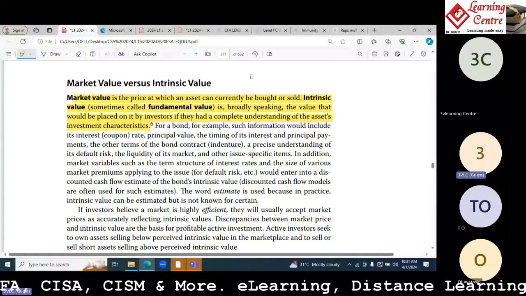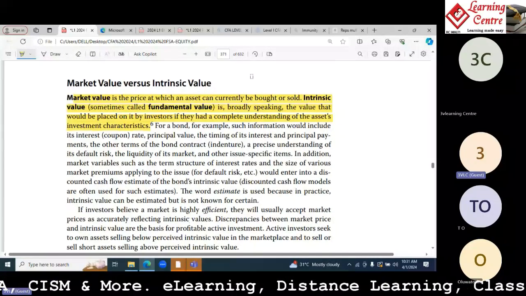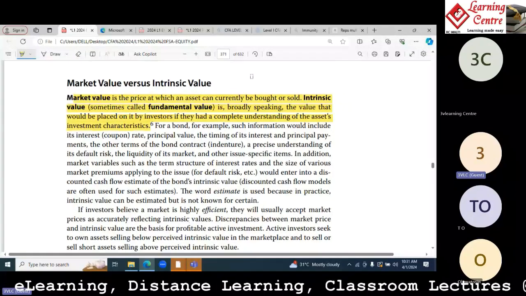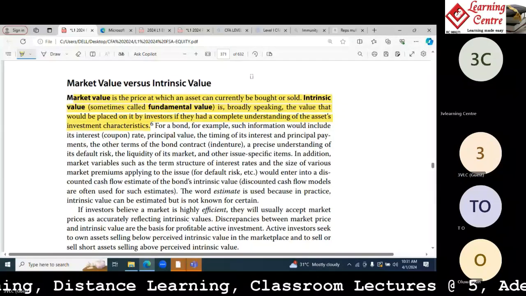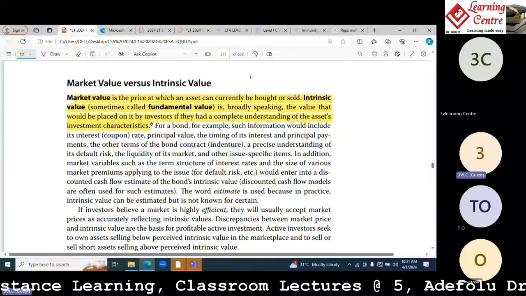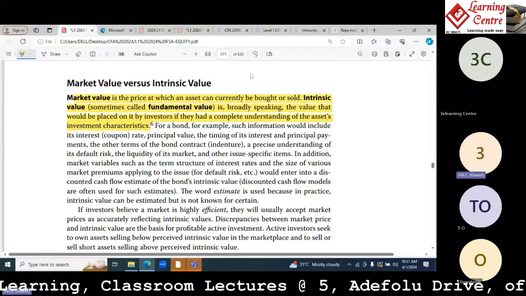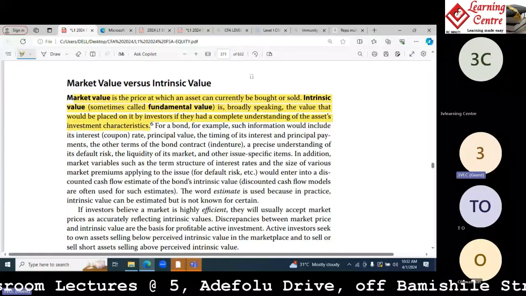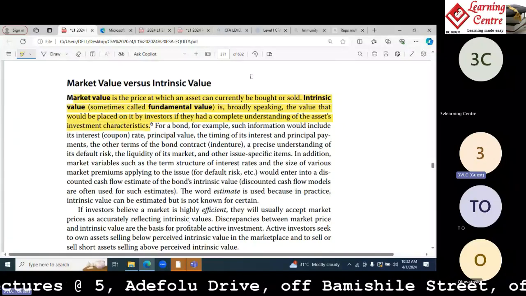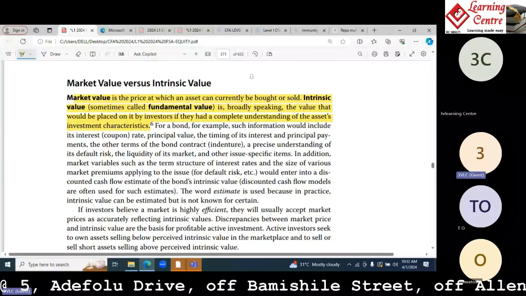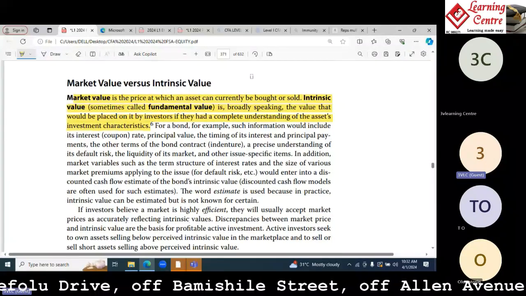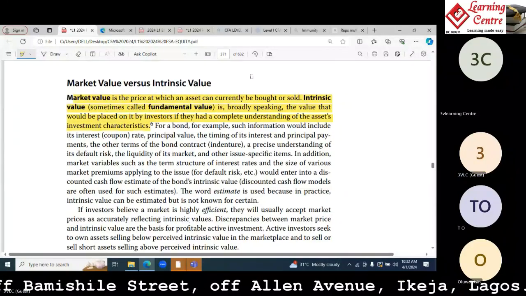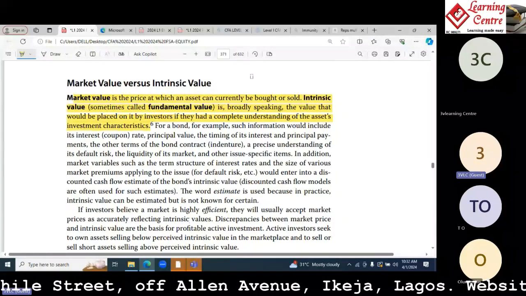Now, the point I am trying to make here is, to Temitayo, his intrinsic value was significantly different from Tosin's intrinsic value, and even different from my own intrinsic value, which automatically became the market price. So the point is, at every point in time, for a stock or an asset that trades in the market, investors are consistently analyzing the information available to them about that asset and comparing it to the market price to determine if they should either buy or sell that asset.